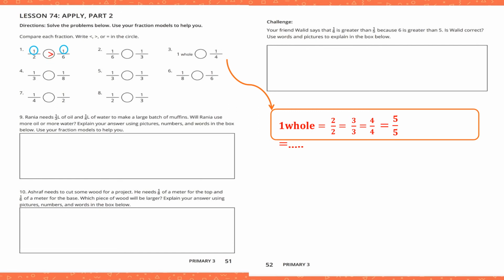Here also we have sixth and third, so the numerators are the same, it's a unit fraction. When we compare unit fractions, the big denominator is smaller and the small denominator is bigger.